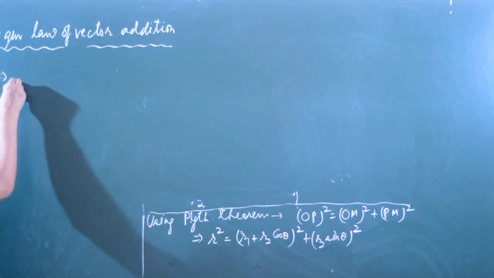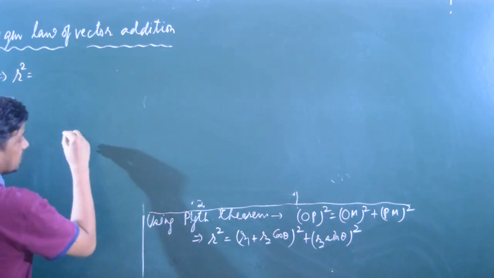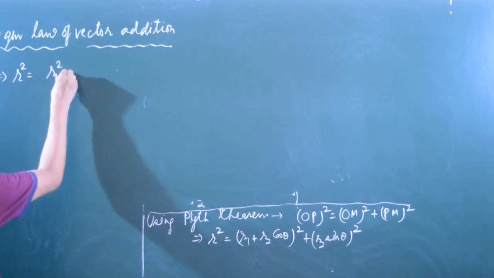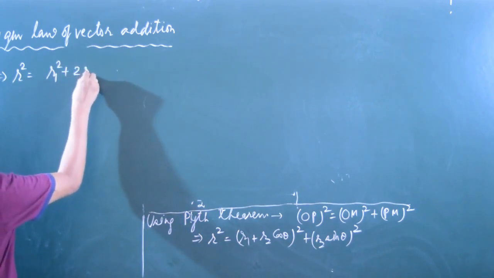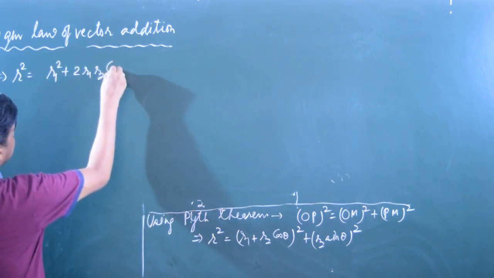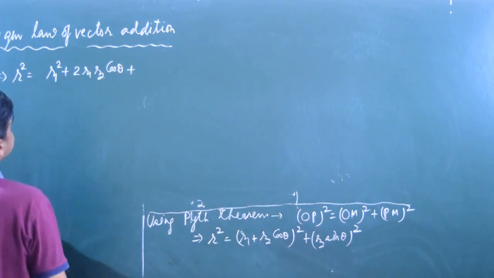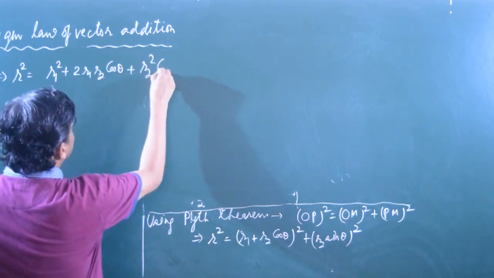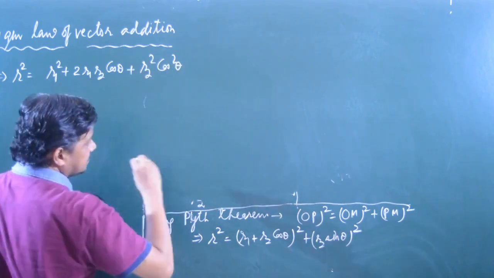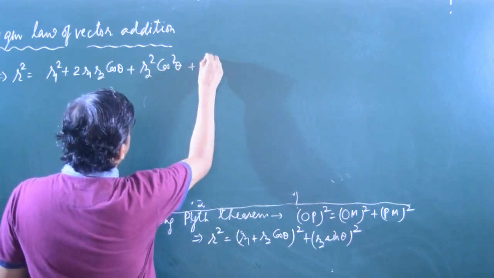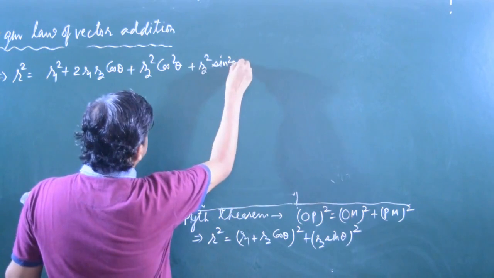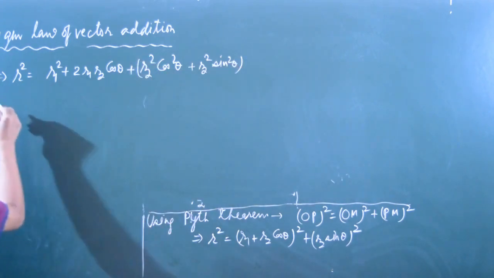Now simplifying we get R square is equal to R1 square plus 2 R1 R2 cos theta plus R2 square cos square theta and plus R2 square sin square theta.